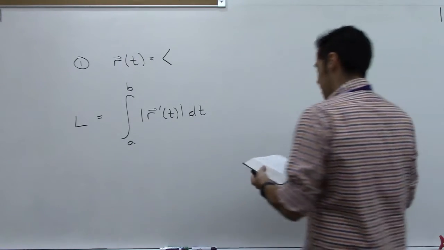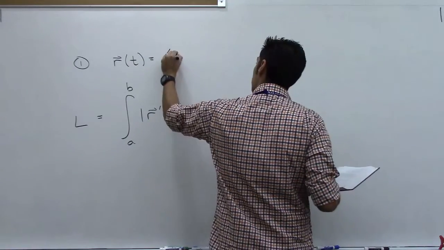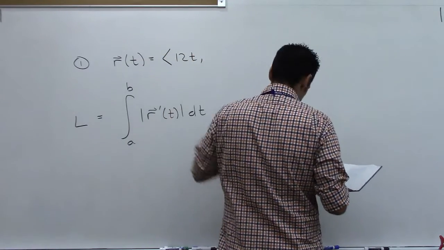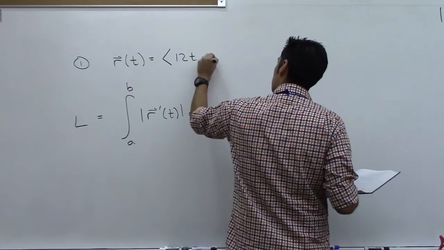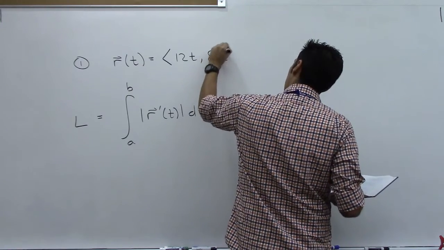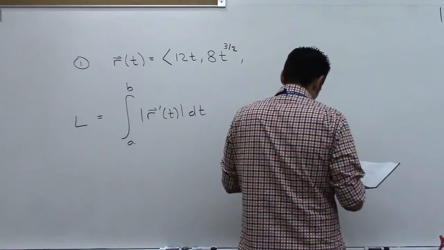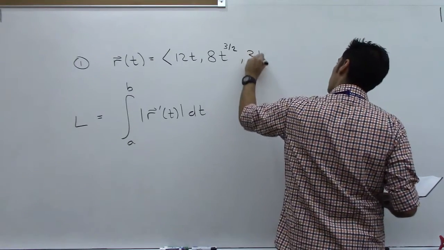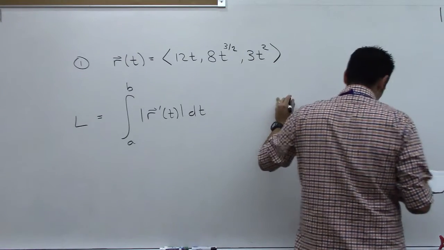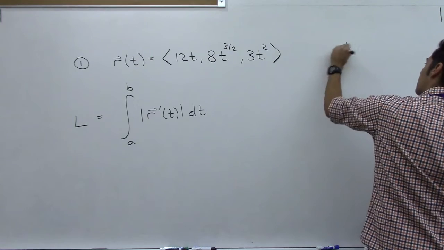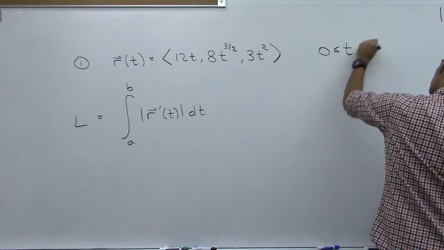So we have our vector function is 12t, 8 t to the 3/2, and then 3t squared. We're looking here on the interval. I'll write it the other way this time, the way they have it in the book.